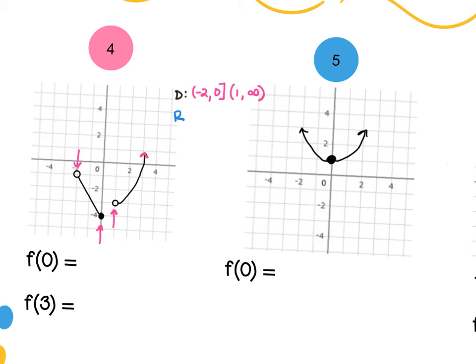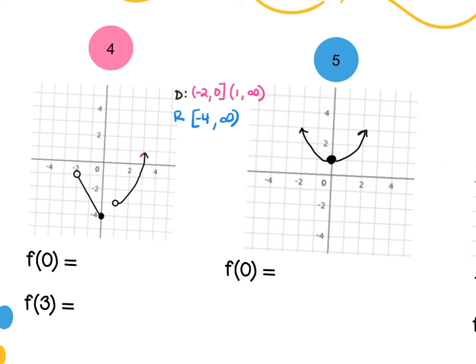My range goes from bottom to top. So the lowest y is here at negative 4. It's a bracket because it's a solid dot. And then there are actually values going all the way up with that arrow, which means it would increase to positive infinity.